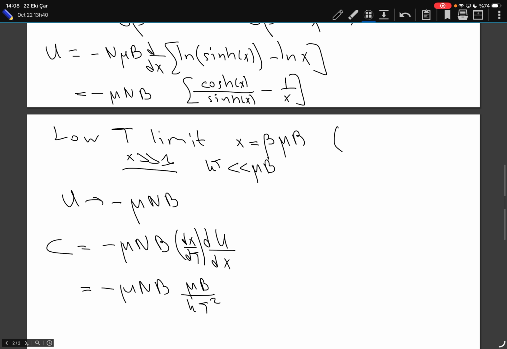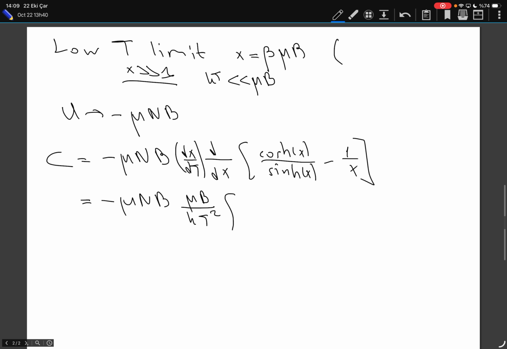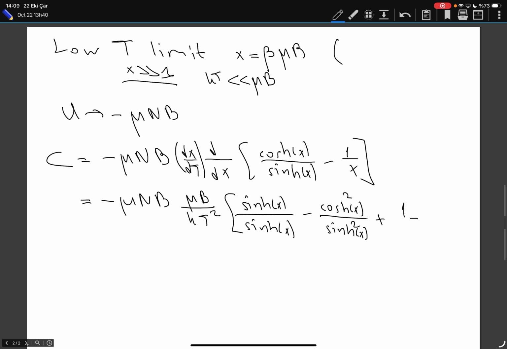Derivative with respect to x of not u, but cosine hyperbolic x divided by sine hyperbolic x minus 1 over x, okay, which will be sine hyperbolic x over sine hyperbolic x minus cosine hyperbolic x squared divided by sine hyperbolic x squared and plus 1 over x squared.